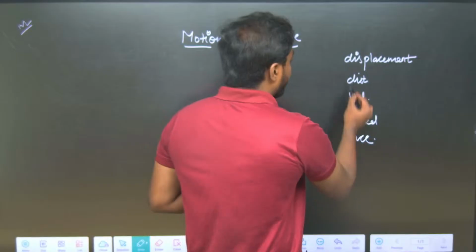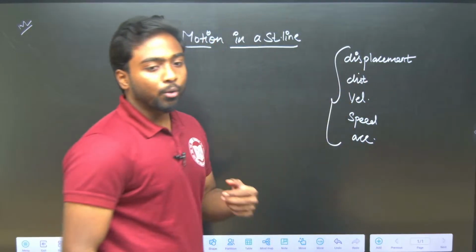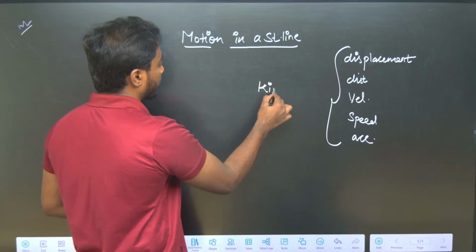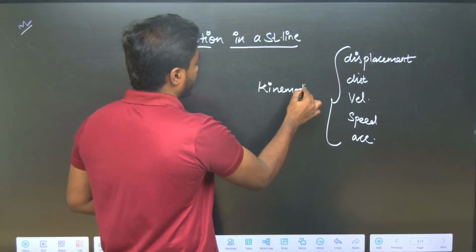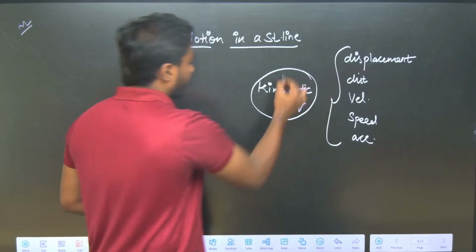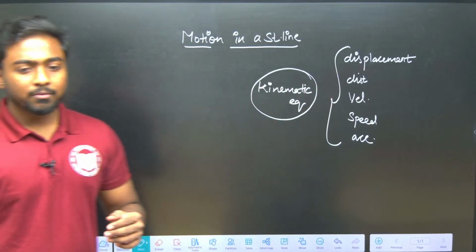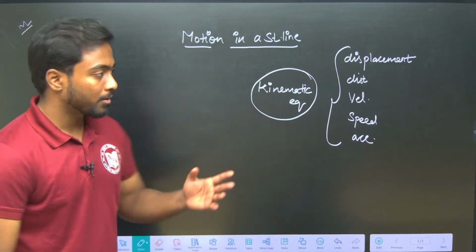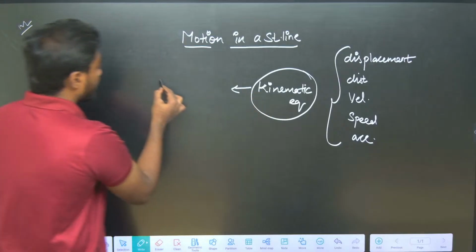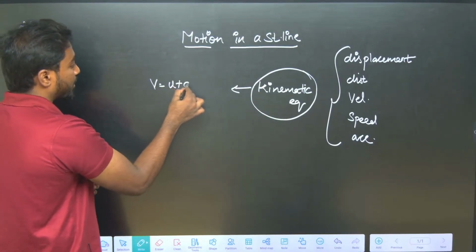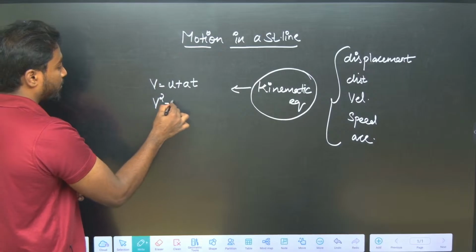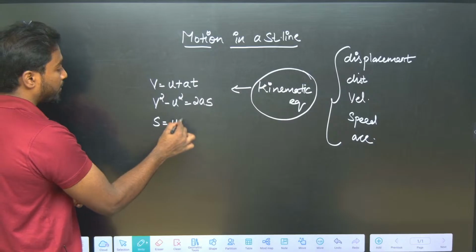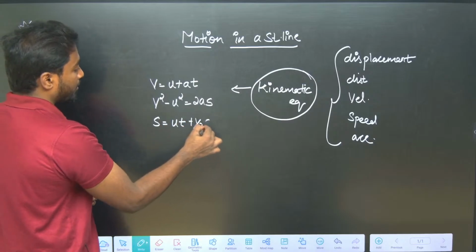After this topic we came to the topic that is kinematic equations. Right, kinematic equations. We discussed the three equations: v equals u plus at, v square minus u square equals 2as, and s equals ut plus half a t square.